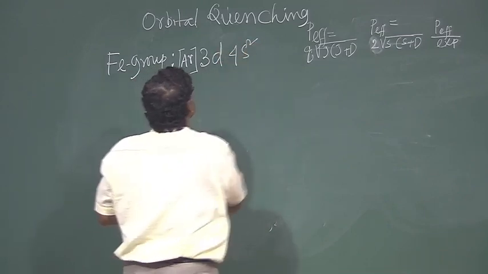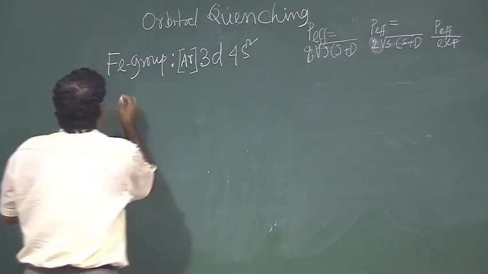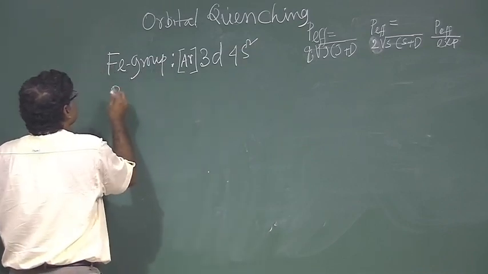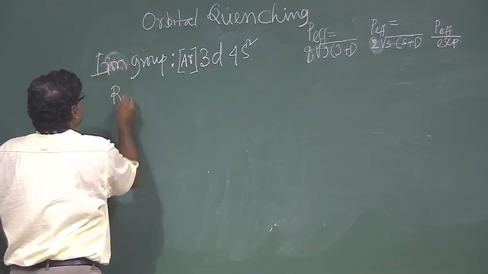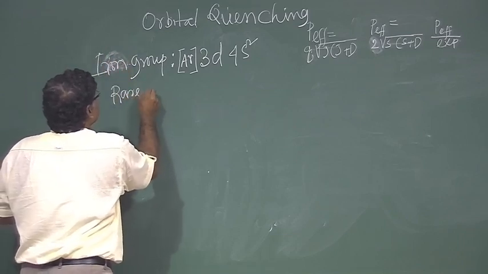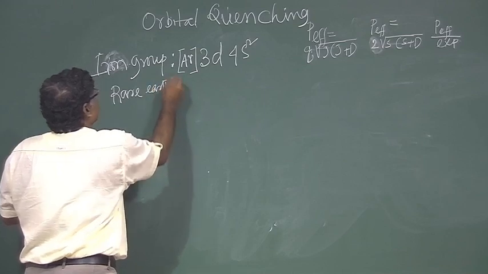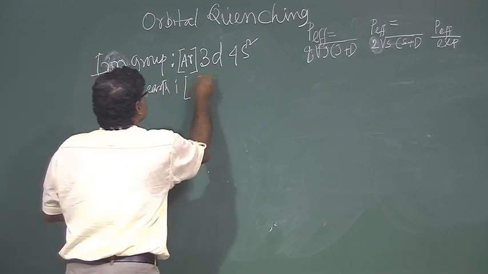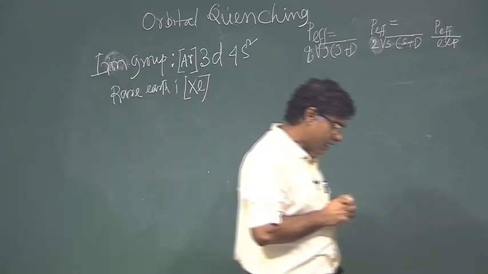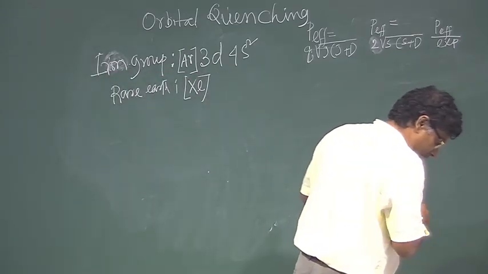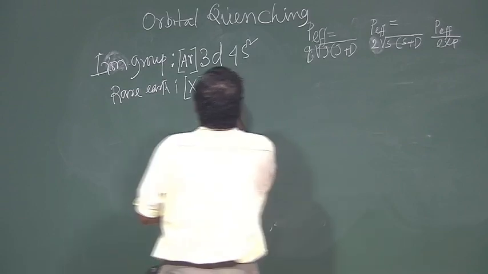And for rare earth, I think this is xenon, and then you are getting 4f.